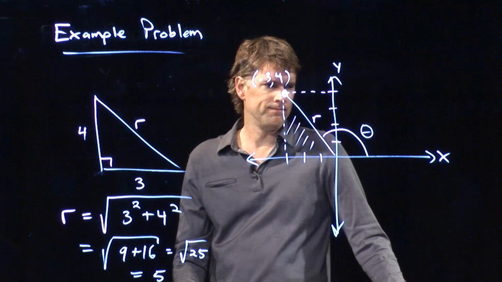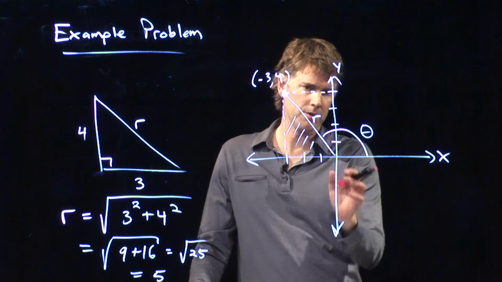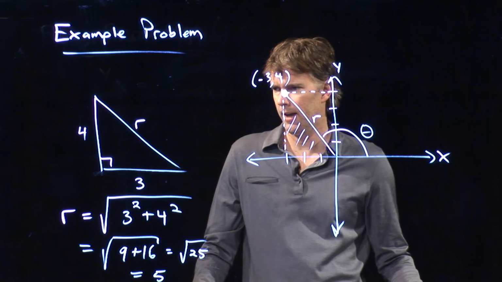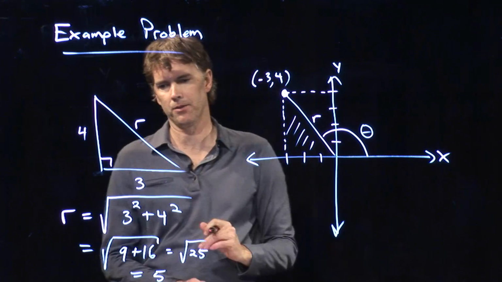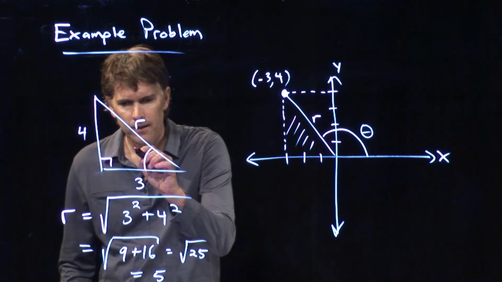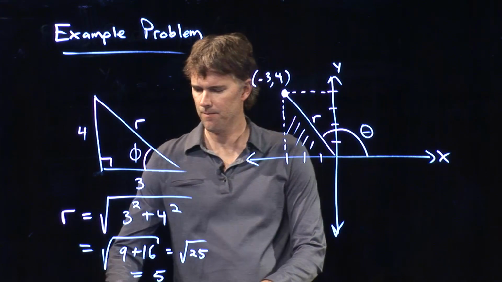Now let's think about theta. Theta in this picture is a large angle. It's bigger than 90 degrees. And that doesn't really map very nicely to our triangle anywhere. But we could probably say something about that angle right there.